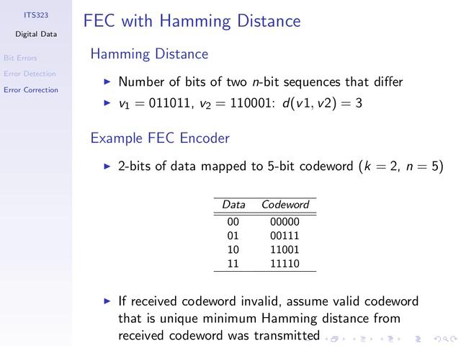Our transmitter has some data to send. As an example, the bits 01. So all the transmitter does is determine the corresponding code word, looks in the table, so this is the encoder, input 01, code word 00111, and transmits that code word across our link.